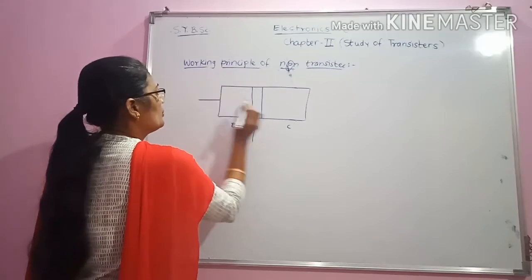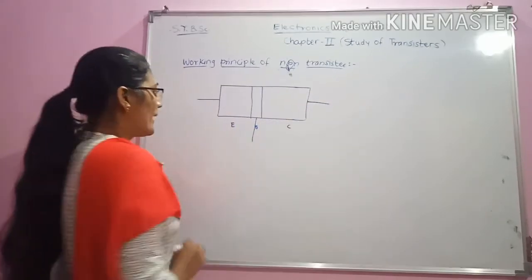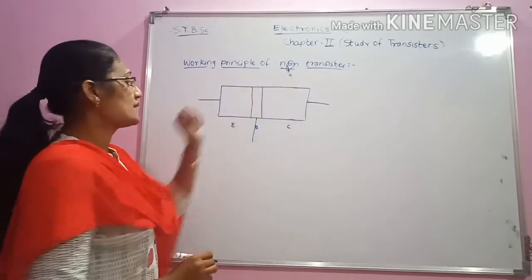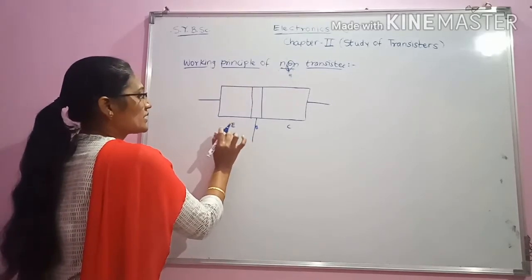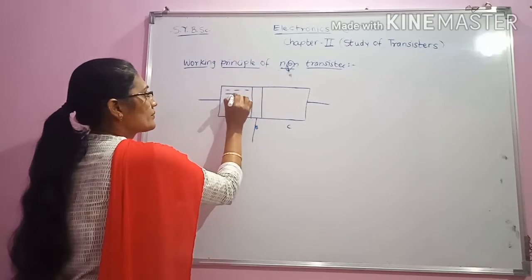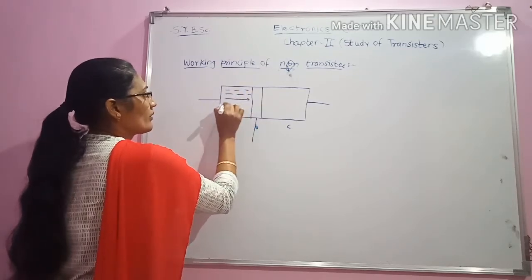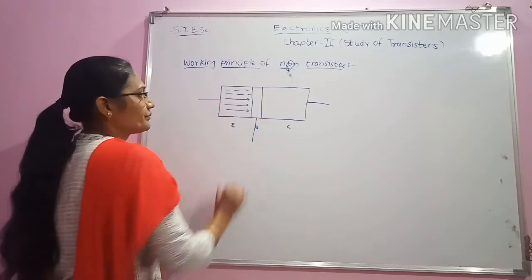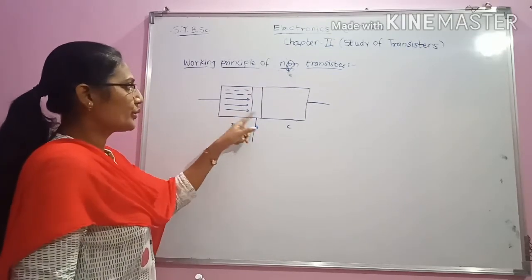Now, in the case of the NPN transistor, the majority charge carriers in the emitter are electrons, and they will move from emitter to base.